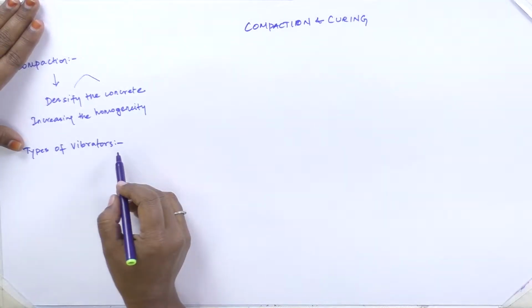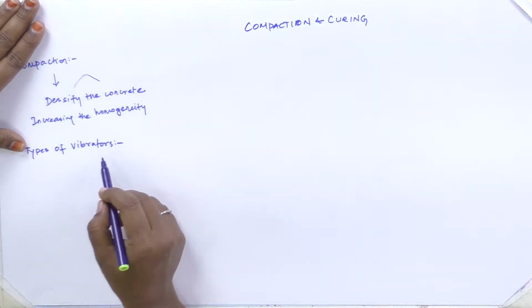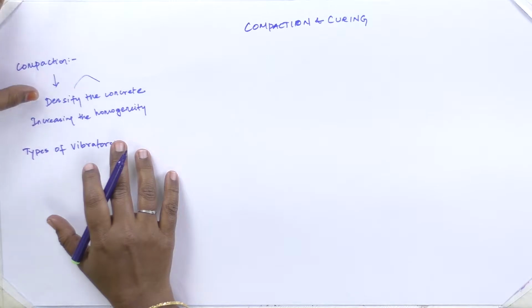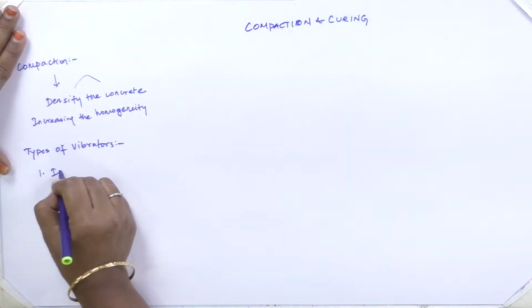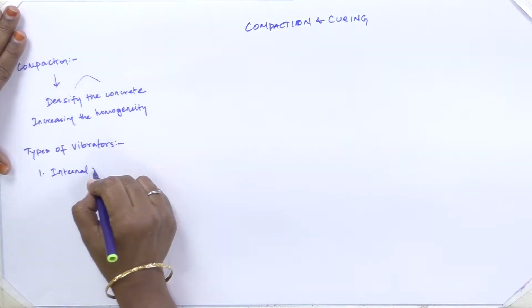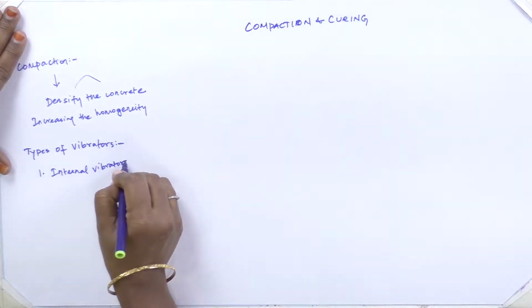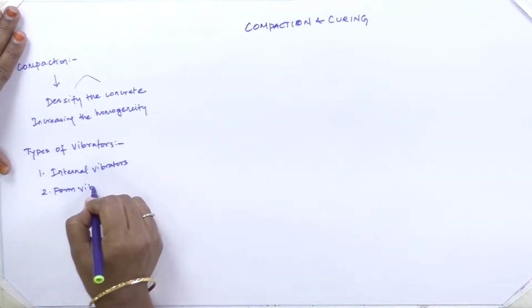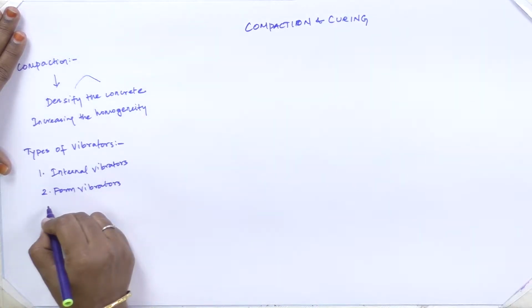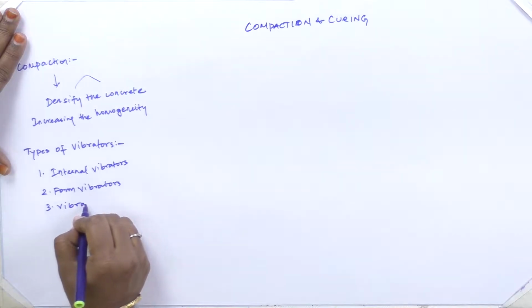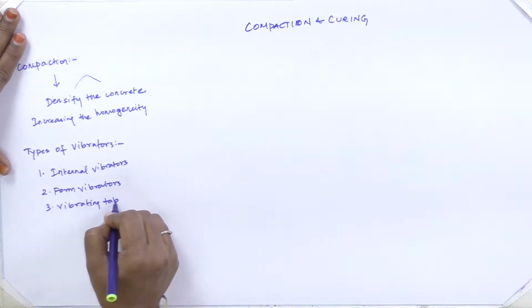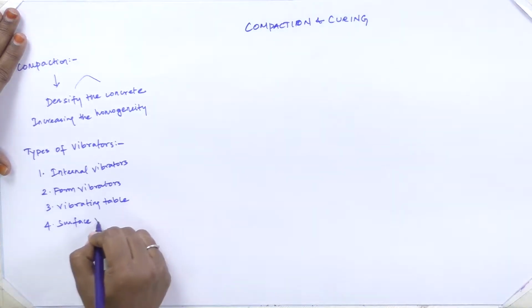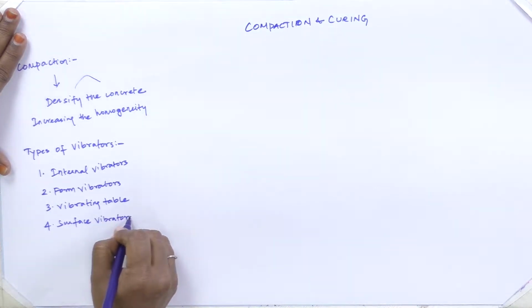Now we will be discussing the types of vibrators which we are widely using to compact concrete: internal vibrators, form vibrators, vibrating table, and surface vibrators.